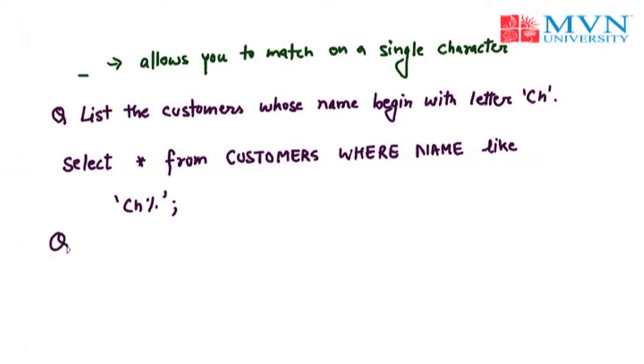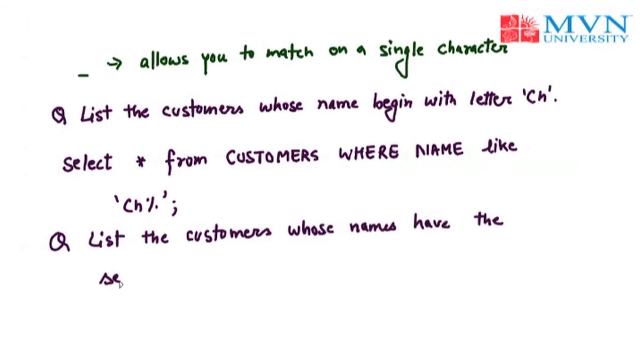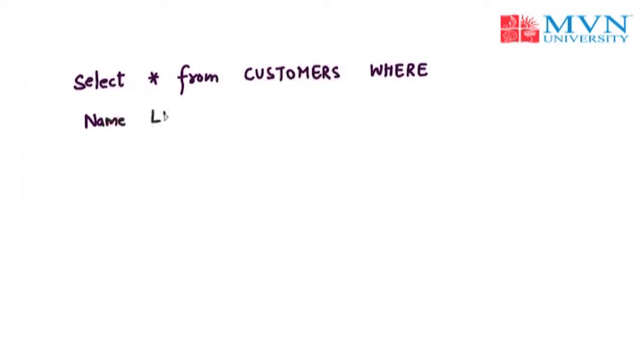Similarly, if we have to list the customers whose name has the second character as A or S, then we will write a query like: select star from table name customers, where name like _A% or name like _S%.